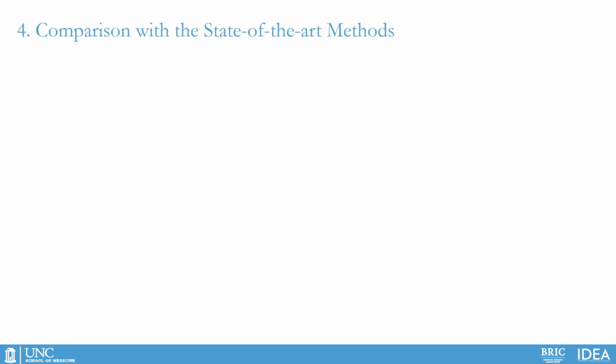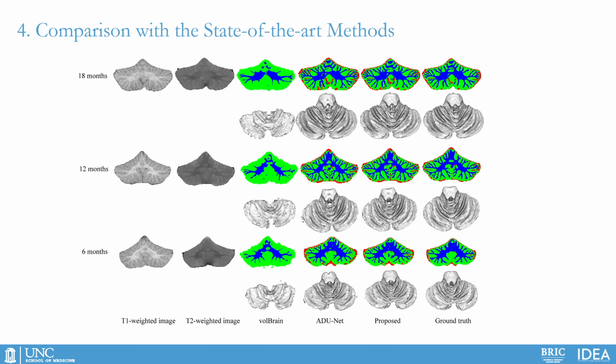The last one is the comparison with other methods. The first and second columns are T1 and T2 weighted images. The third column results are obtained using Wolverine software. The fourth column shows results of a baseline network, and the results of our proposed method and ground truth are shown in the last two columns.